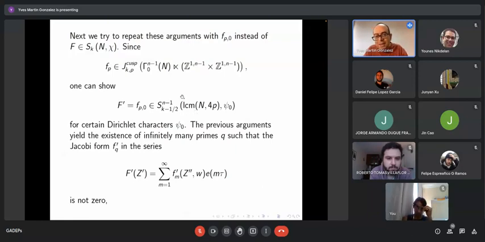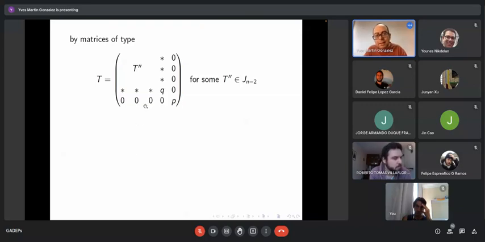So if I do exactly the same as before, except that I have to take care of these problems, the previous argument yields the existence of infinitely many primes q such that the Jacobi forms f sub q, which appear in these Fourier-Jacobi decompositions, are non-zero.